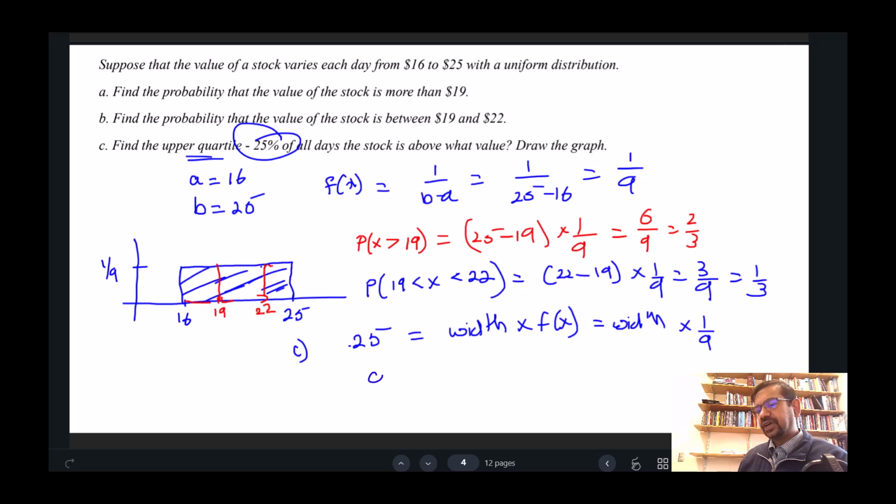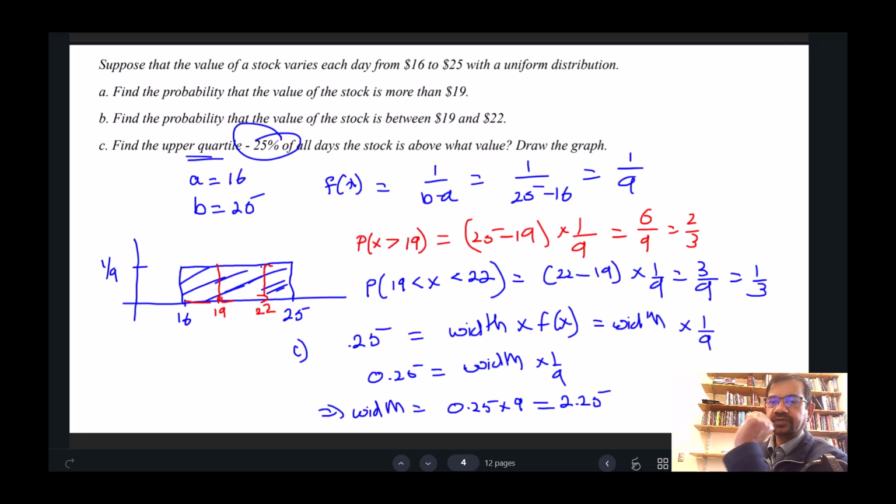So 0.25 equals whatever our width is times 1/9, which implies that our width is 0.25 times 9. And let's see what that is equal to. This equals 2.25.